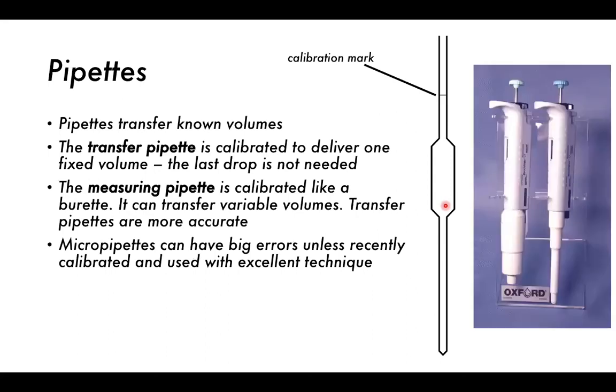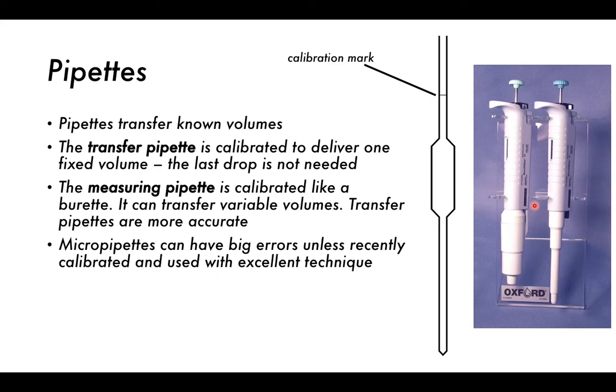Micropipettes, such as the one here, which we often see in biological applications, can have big errors unless recently calibrated and used with excellent technique. So really, whenever you're using these sorts of pipettes, you need to be a particularly skilled user to ensure that you try to mitigate any systematic errors in your measurements.